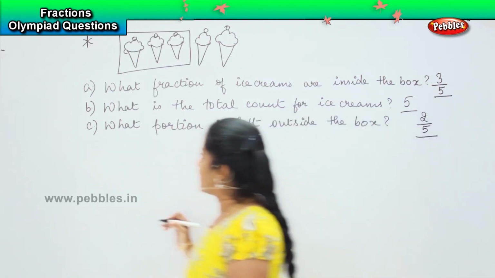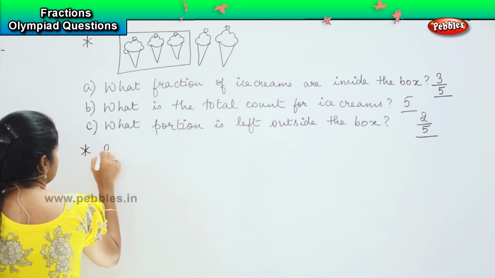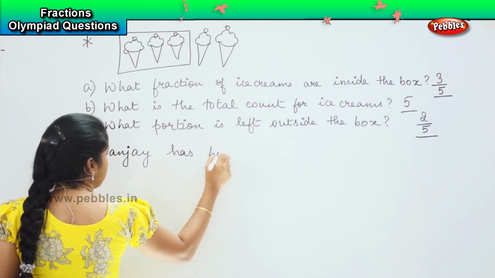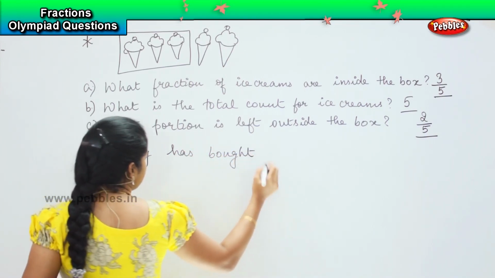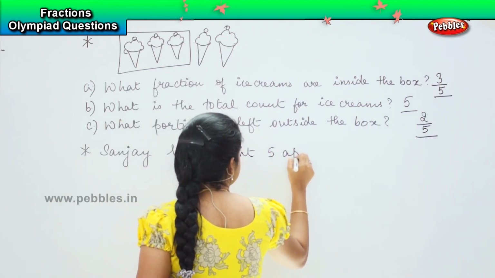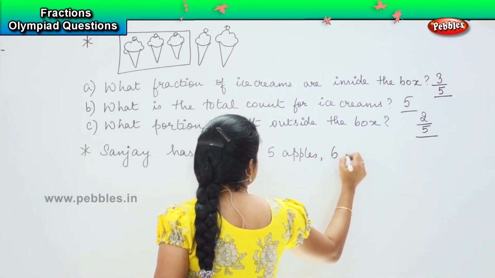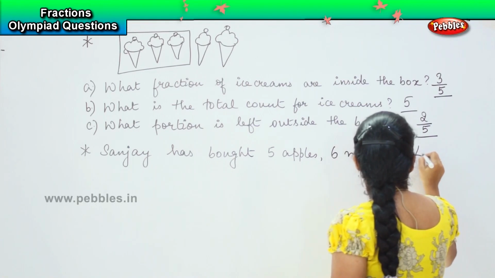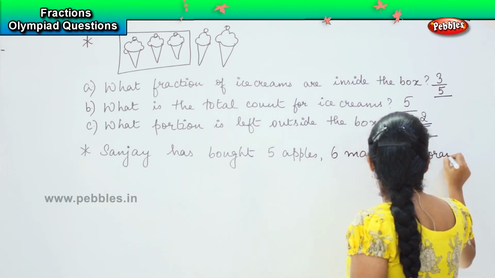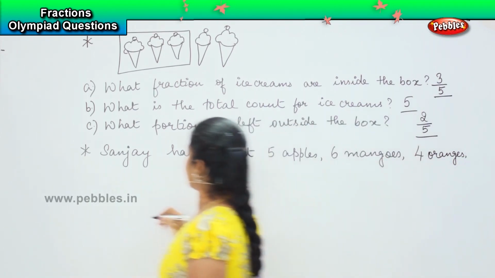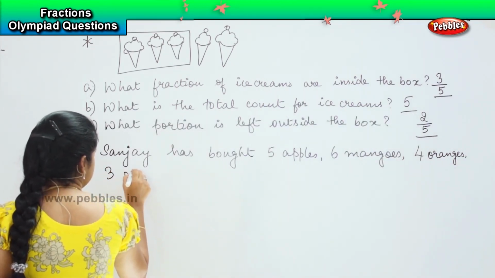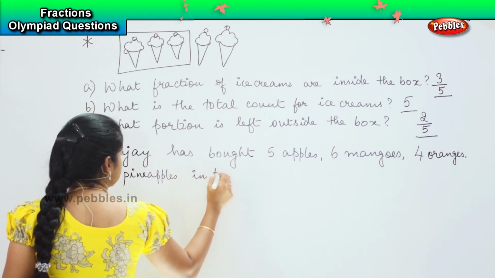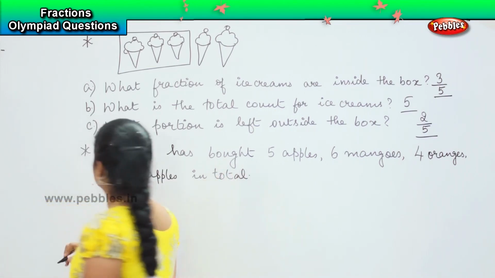Okay. So here is my next question. Sanjay has bought 5 apples, 6 mangoes, 4 oranges, 3 pineapples in total.